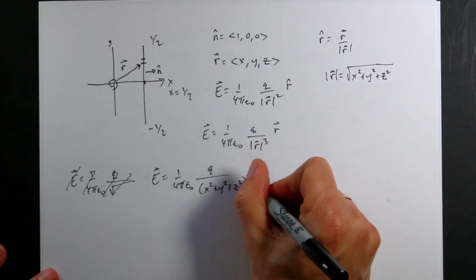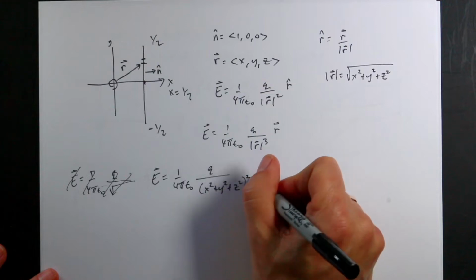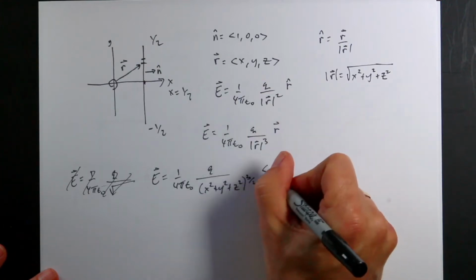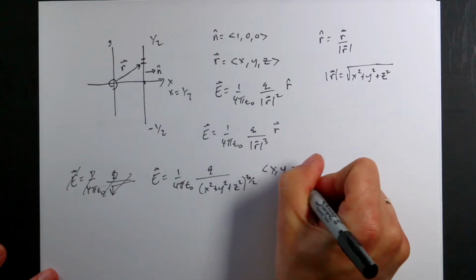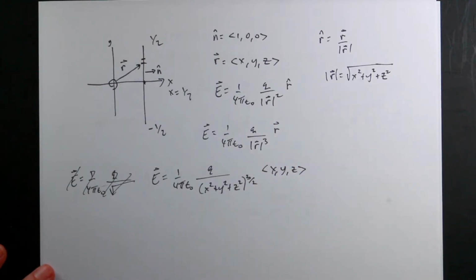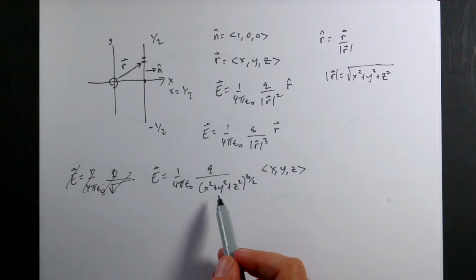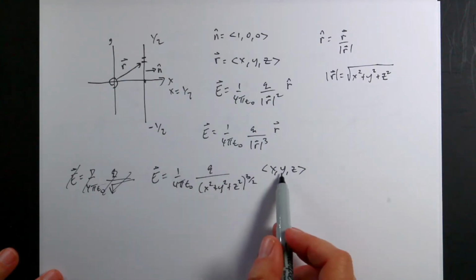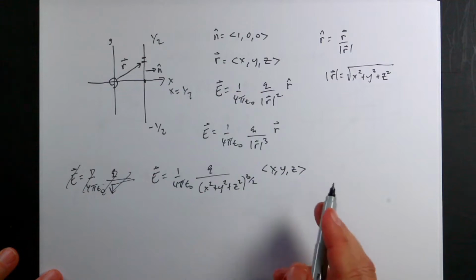So it's going to be the 3/2 power. And then I still have r, which is the vector x, y, z. Because that's all a scalar value, I don't have to worry about writing that. So this is my scalar component, and then multiply by that, and I get my vector.